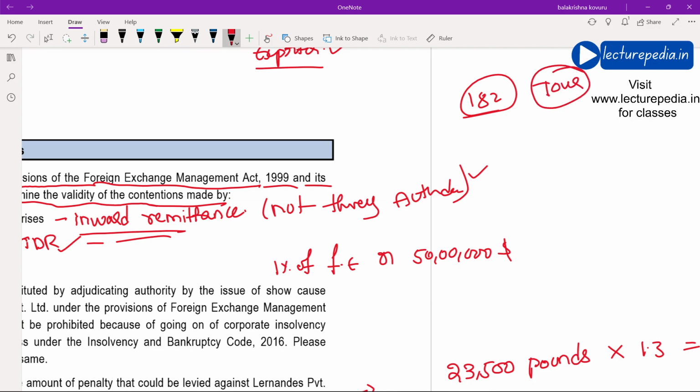His purpose is not business or employment or any uncertain period. He visits India for a tour. Thereby, he will be considered as a person resident outside India only and not a PRI. And a person resident outside India cannot trade transferable development rights. Hope this is clear.